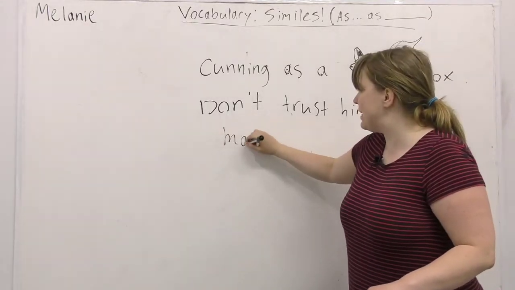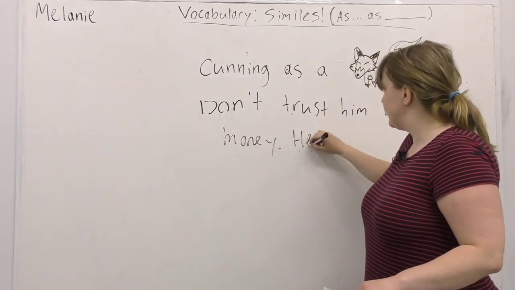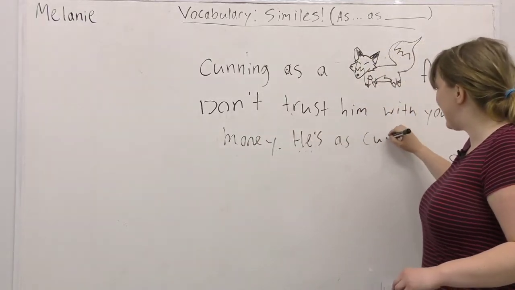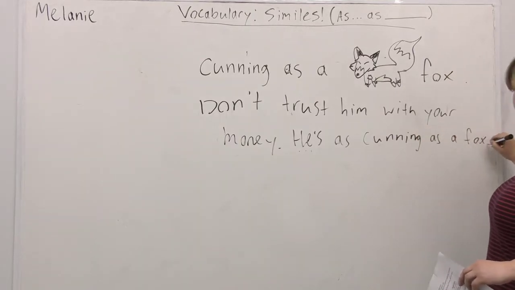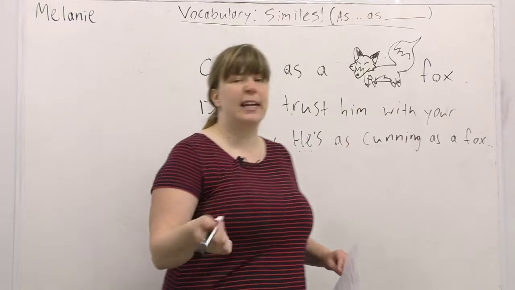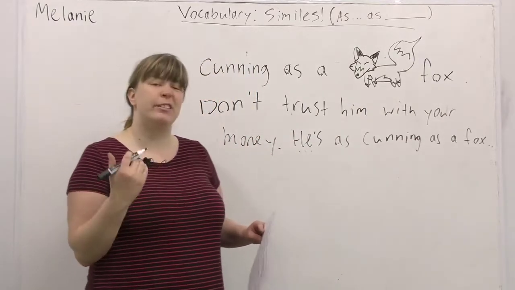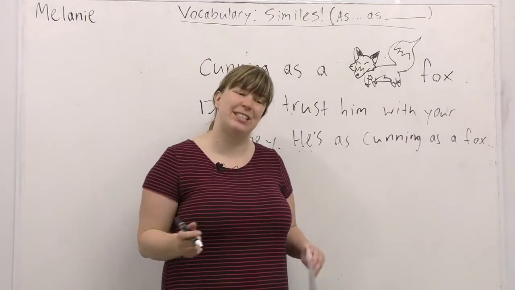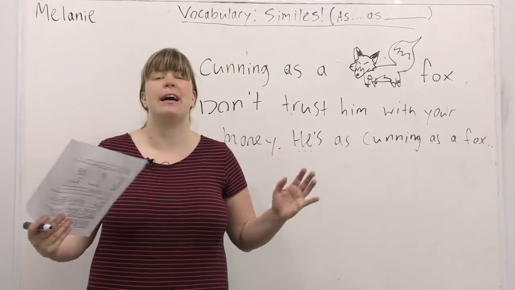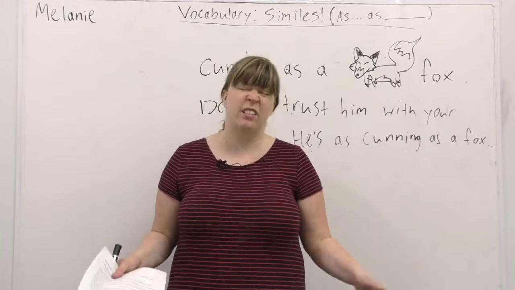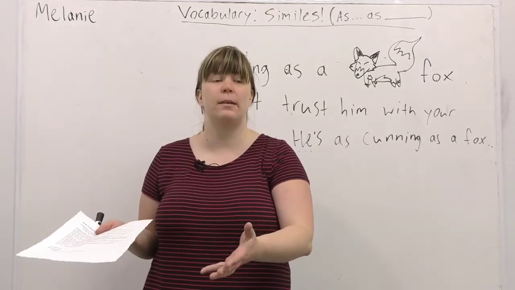So yeah, don't trust him with your money. He's as cunning as a fox. So he will get his way and he will get what he wants if he needs to. That's kind of what cunning means. Do you know anyone as cunning as a fox? Are you as cunning as a fox?